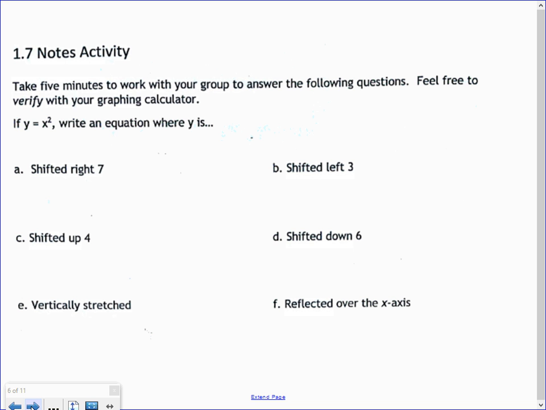So this is like, what do you remember from algebra 2? Okay, so see what your groups can come up with. I'll put the answers up on the board. Okay, so you and your group should be working on A through F, the top part.